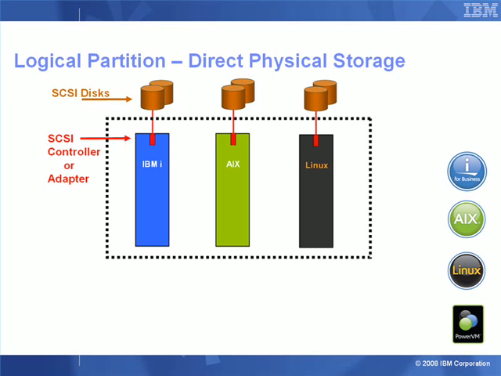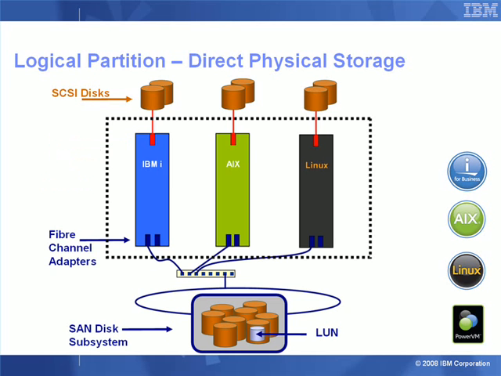Well, we all understand SCSI disks, they've been around for years. In more recent years though, we've had fiber channel. These are fiber channel adapters inside the machine. We can allocate those to a particular logical partition. Then we can cable those up to a SAN, storage area network, and then eventually we'll connect them to a storage area network disk subsystem, in which there's a whole group of disks and we manage them as a set of disks.